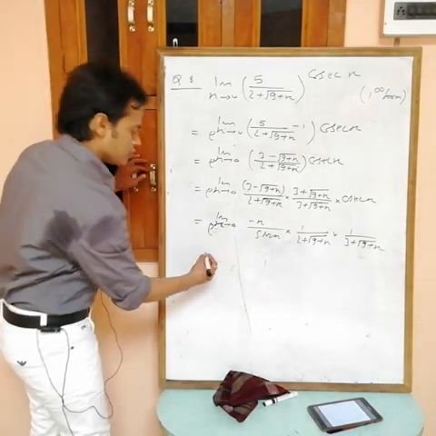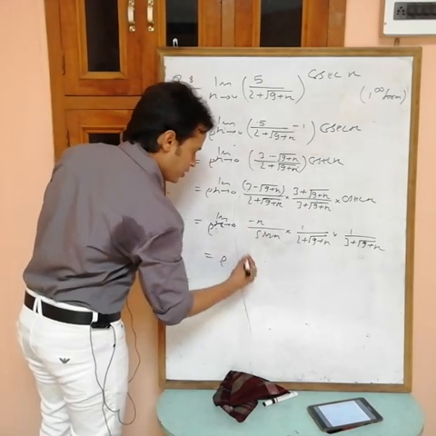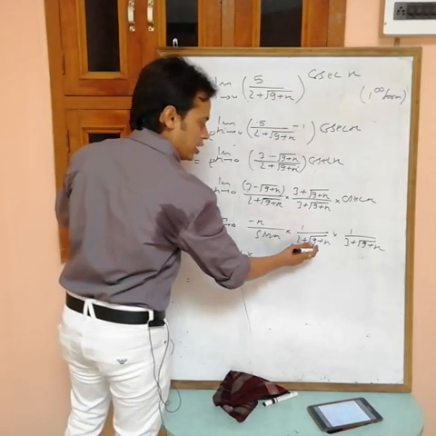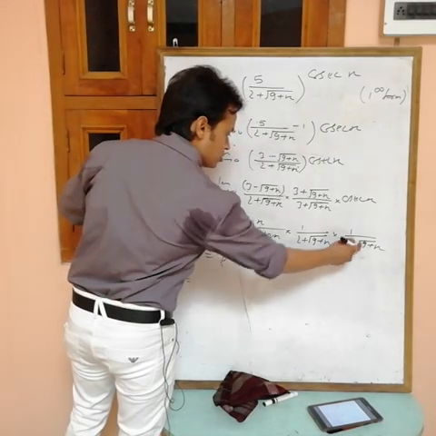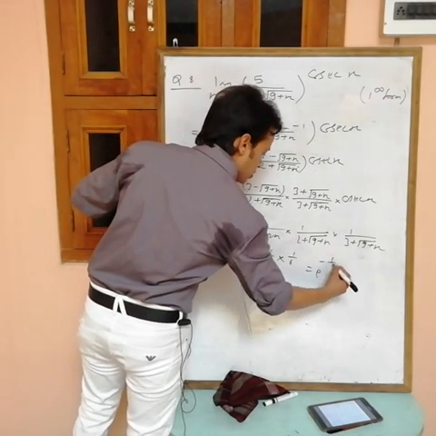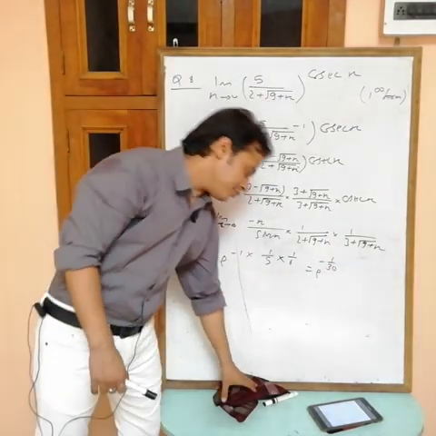So e power limit of this one, minus outside, x by sin x is 1, so minus 1. Put x equals to 0, root 9 is 3, so 1 by 5. Put x equals to 0, 1 by 6. The answer is e power minus 1 by 30. Oh, so simple. Write down.